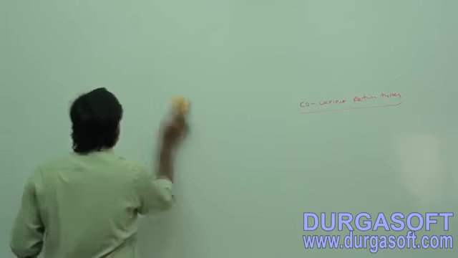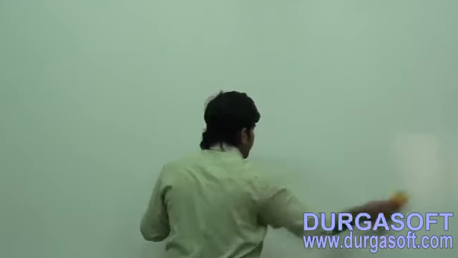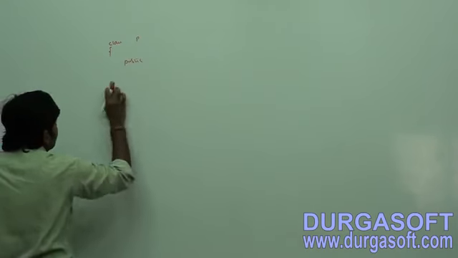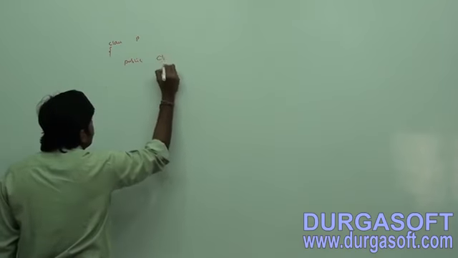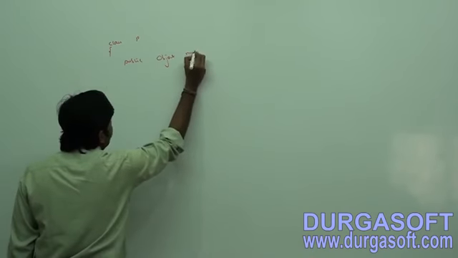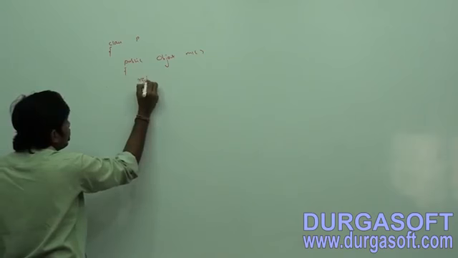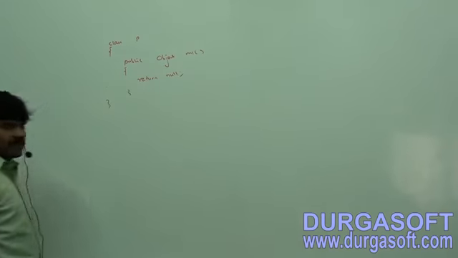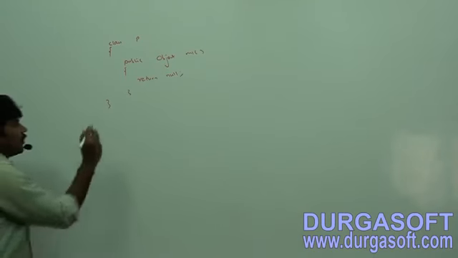Okay, now observe, what is a covariant return type? Very simple. I am taking one class P. My parent class method is public Object m1, return null.